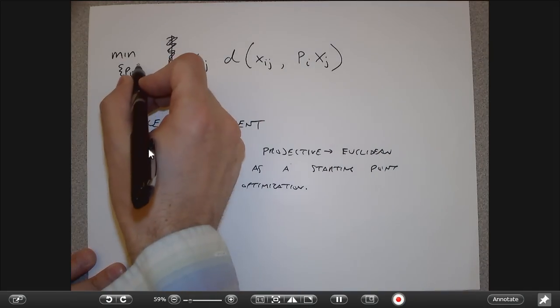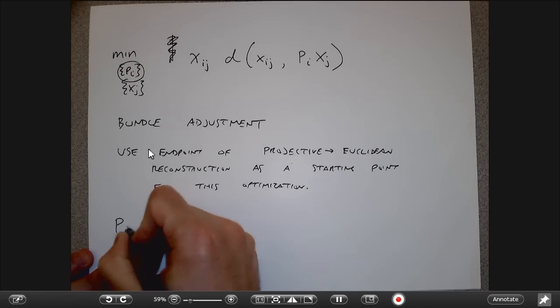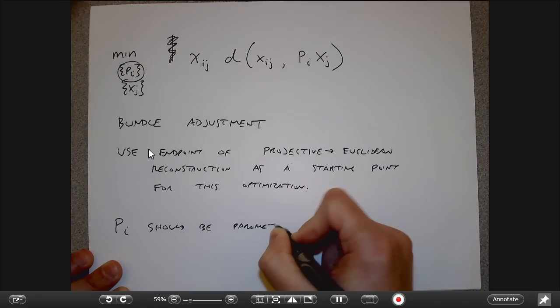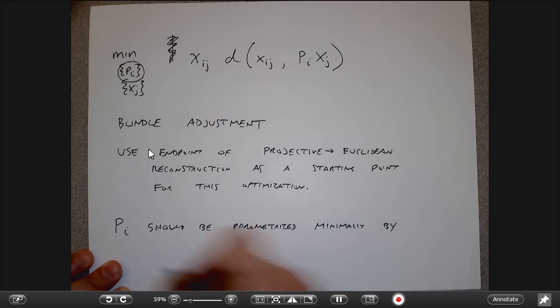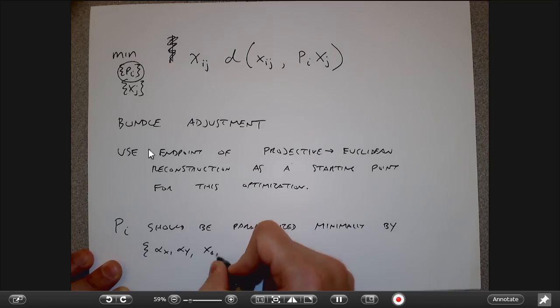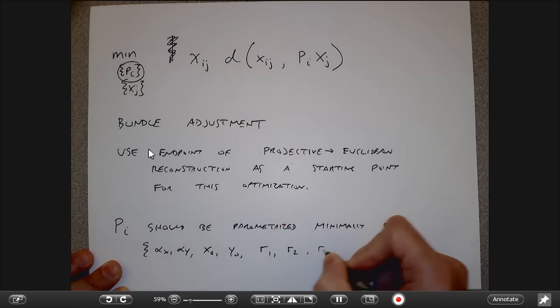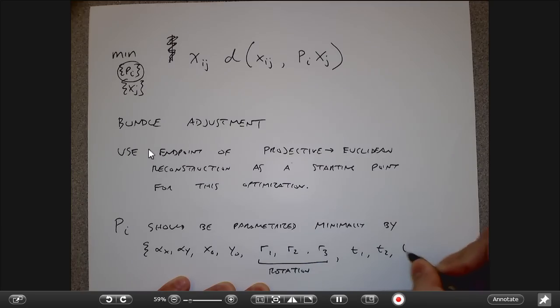So for example, I really don't want to use just 11 arbitrary numbers to parameterize P. What I would say, minimally, is I have a couple of parameters for the aspect ratio and the focal lengths, I have the principal point, I have 3 numbers for the rotation matrix, and I have 3 numbers for the translation.